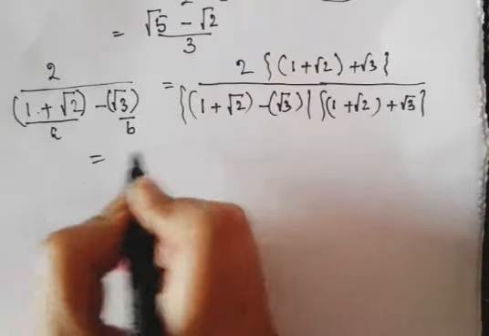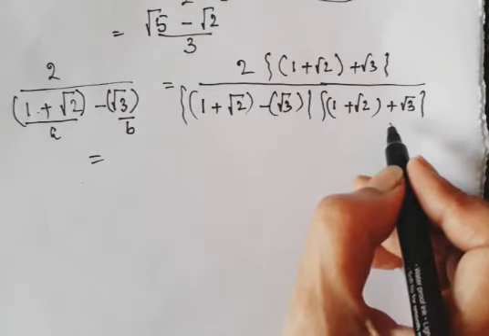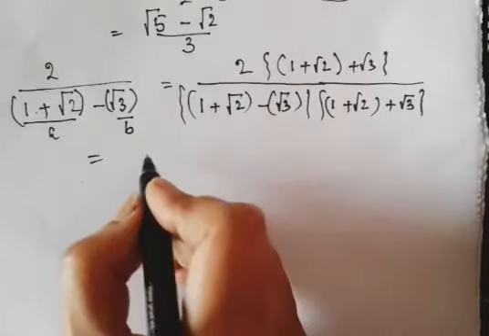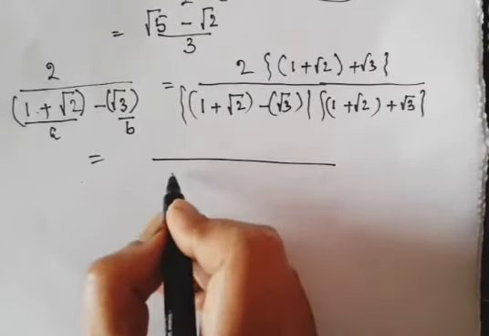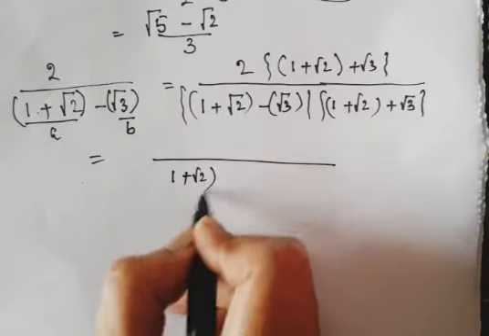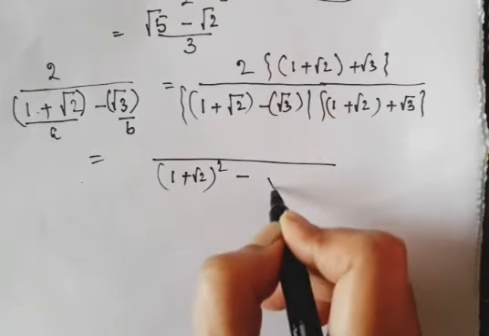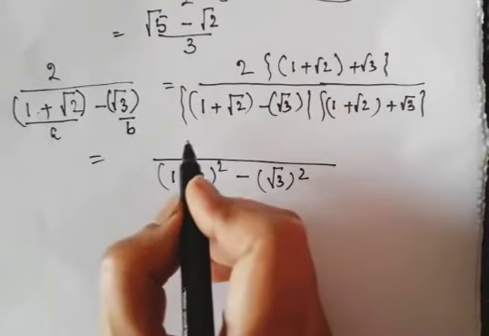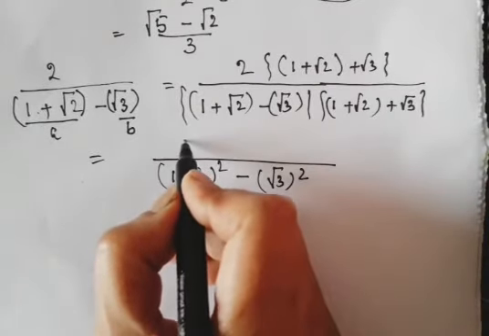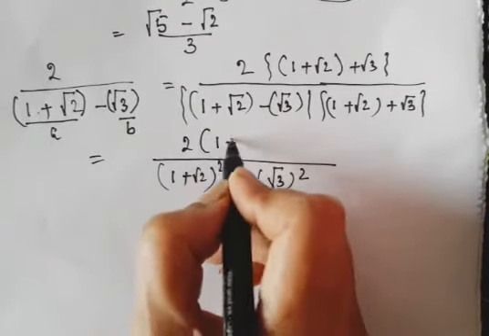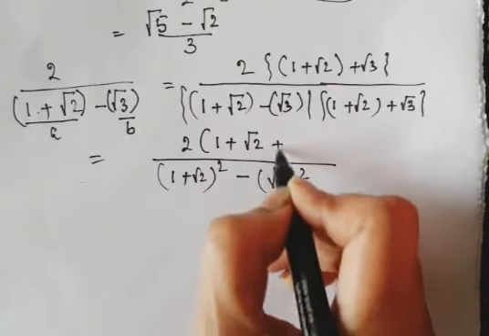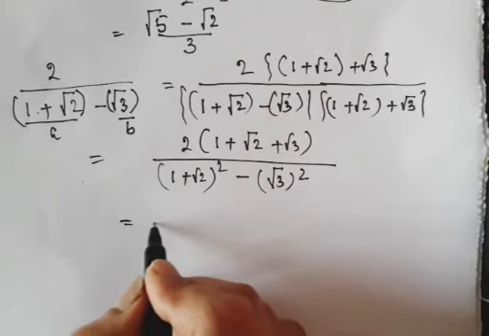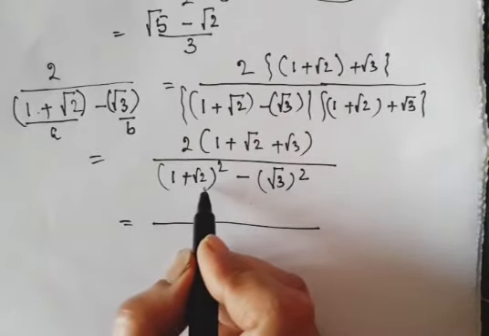Now let us simplify the denominator. A minus b, a plus b, so we have got a square minus b square, and the numerator is now 2 into 1 plus root 2 plus root 3. Now the denominator has a plus b whole square in it.